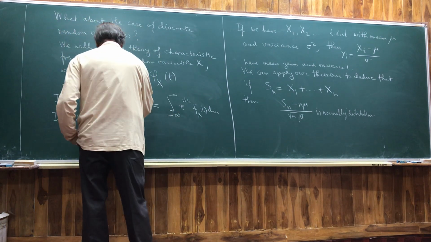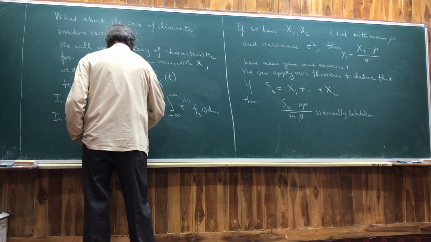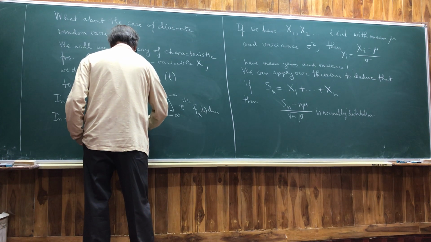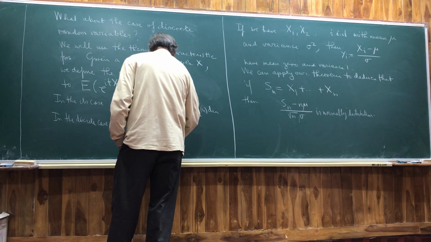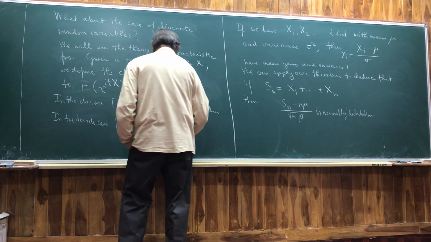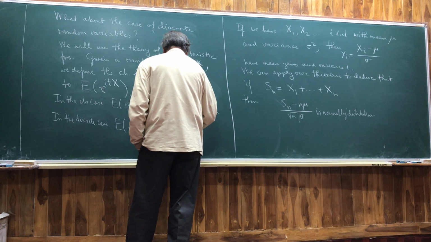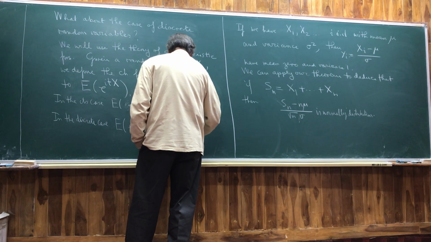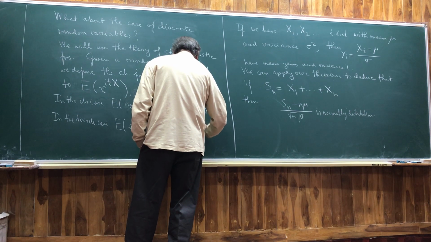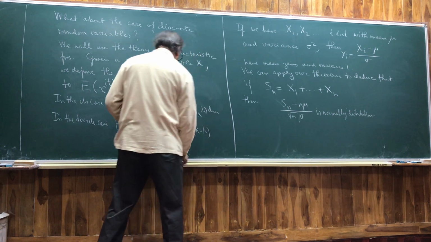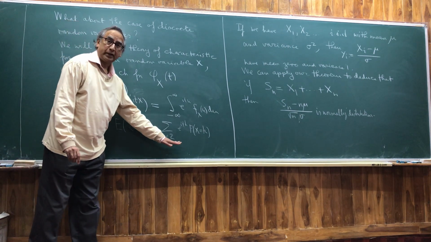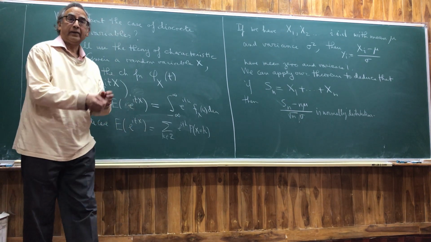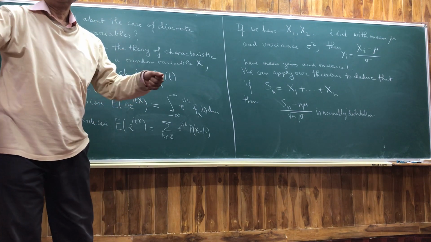Then I will have the expectation of e to the i t x to be the summation over k in the integers of e to the i t k times the probability that x equals k. So this is the expectation in the discrete case, where I'm assuming the values are the integers.